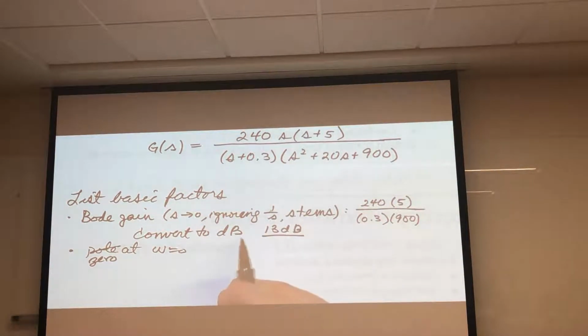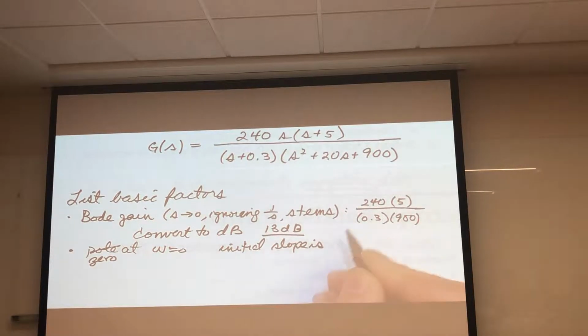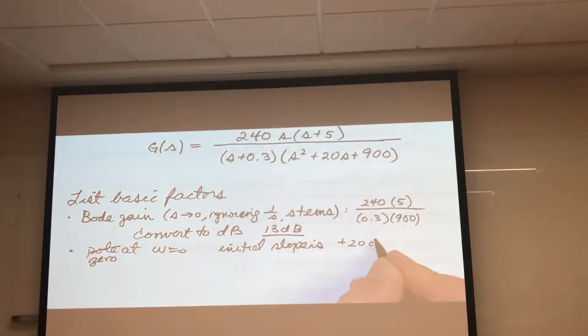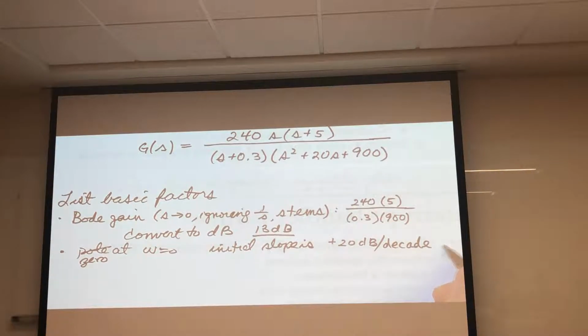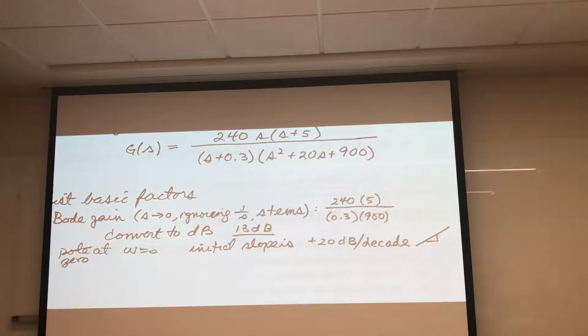And so what that means is the initial slope is plus 20 dB per decade. Okay? A line that looks like this. That's the initial slope.